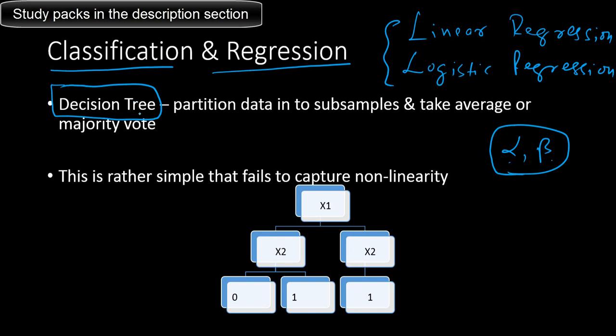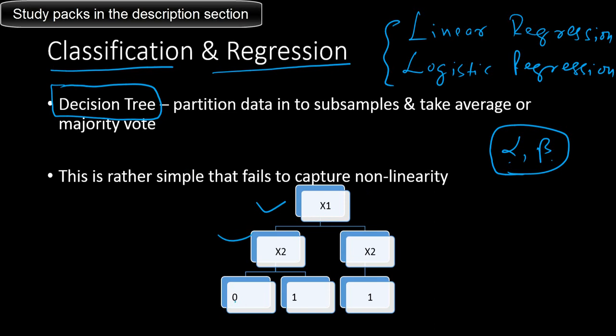All we need to do is just partition the data and use some sort of technique to find out what could be the potential value of a particular observation in future. So it's very simple. Here is an example where x1 and x2 are predictors. You divide your data based on the values of your predictors, and then you find the final value.